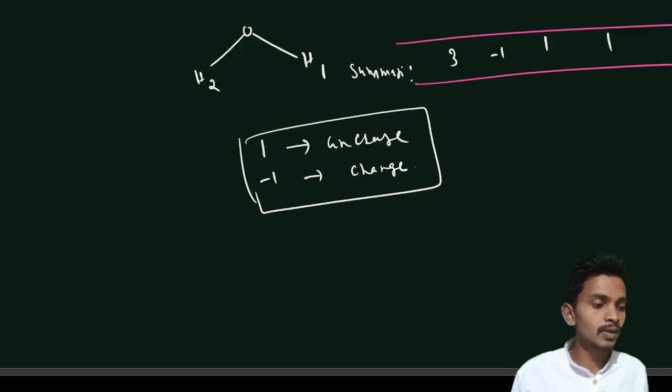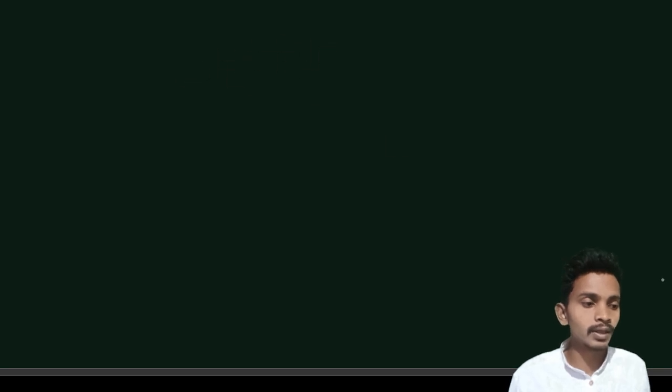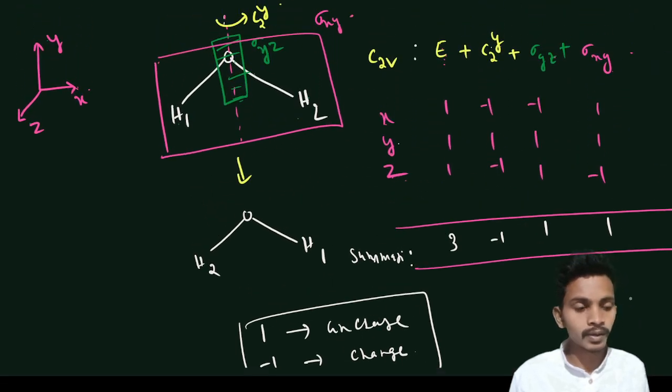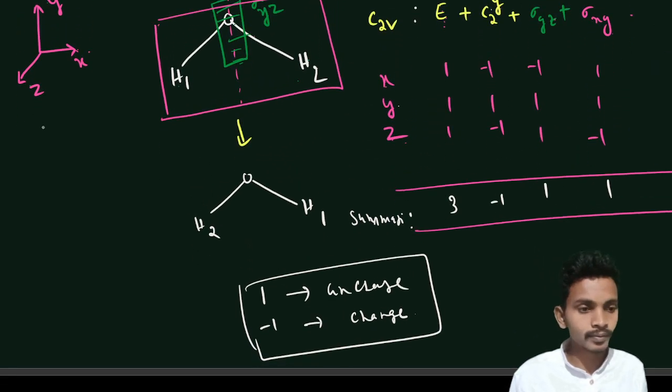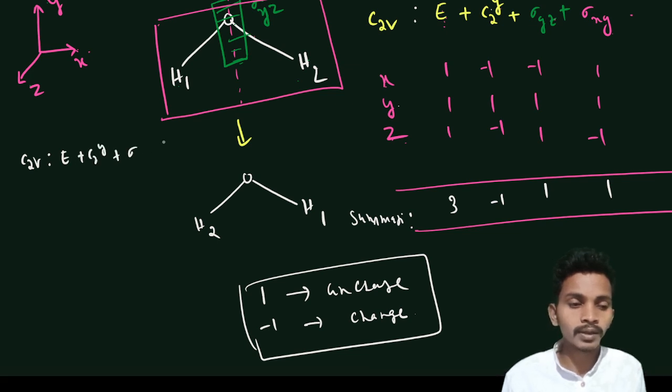And the other way also you can say that if C2v point group is there, that is E. Now I will do here itself. This one also I can say that C2v point group, here E plus C2y plus sigma yz and plus sigma xy.